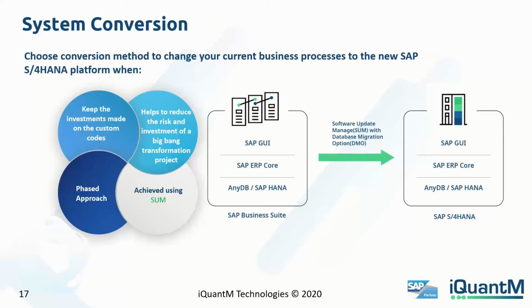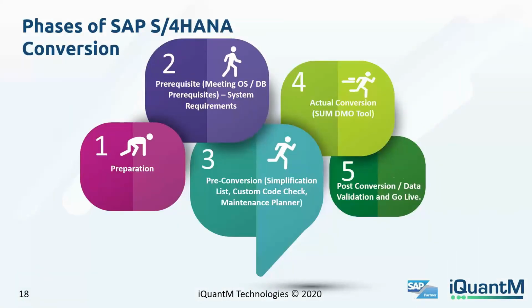So there are certain steps that you need to follow to understand what is your current system health for you to make a better decision. So moving on, I will tell you the phases that a customer has to walk through for them to successfully convert into SAP S/4HANA.